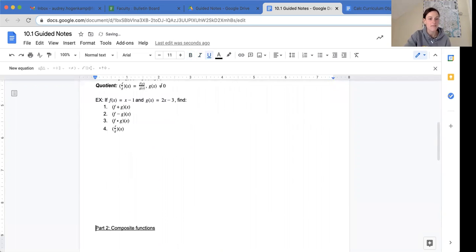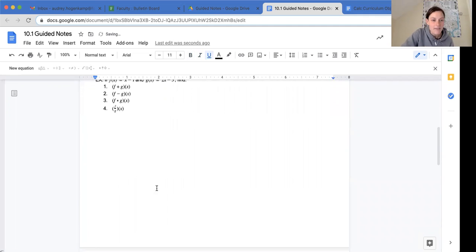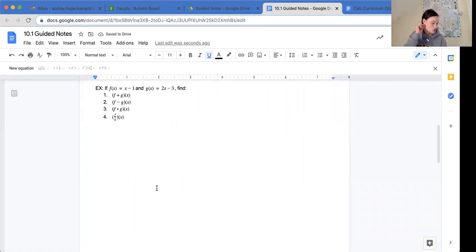So example, if f of x, I'll pop that on the other page, I have room. If f of x equals x minus 1 and g of x equals 2x minus 3, find the algebra of functions. So first up, we have f plus g of x. And we know that f plus g of x is equal to f of x plus g of x.